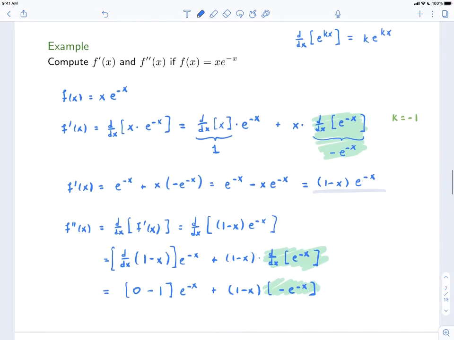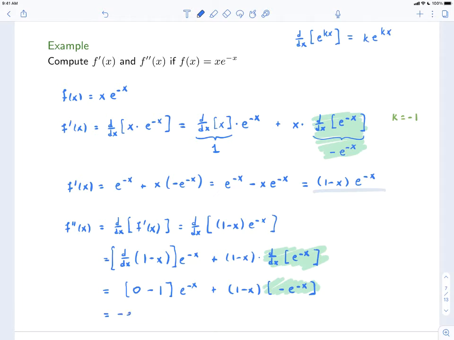So we can simplify this, and this will be equal to 0 minus 1, which is a minus 1 times e to the negative x. And then we have a minus 1 minus x times e to the negative x. And if we factor out the e to the negative x, we'll be left with a minus 1.